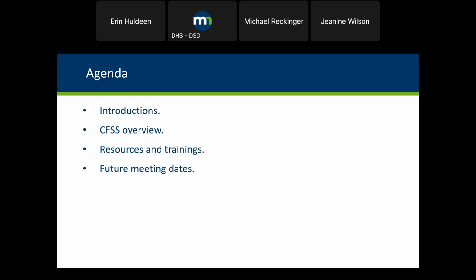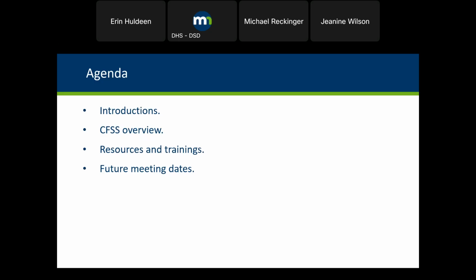Some of this information might be review for you if you already know a lot about CFSS, or have taken some of the trainings or attended other meetings that we've held. We really created today's presentation for somebody who is brand new to CFSS, so this is basic information.